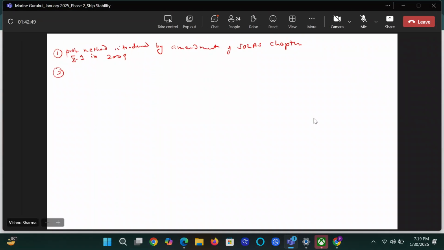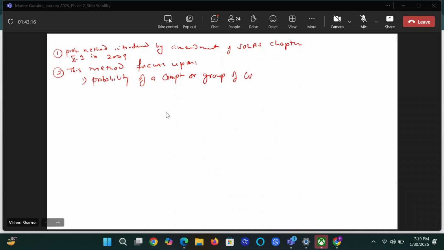What does this focus upon? This method focuses upon: one, probability of a compartment or group of compartments getting damaged; two, probability of the vessel surviving the damage.